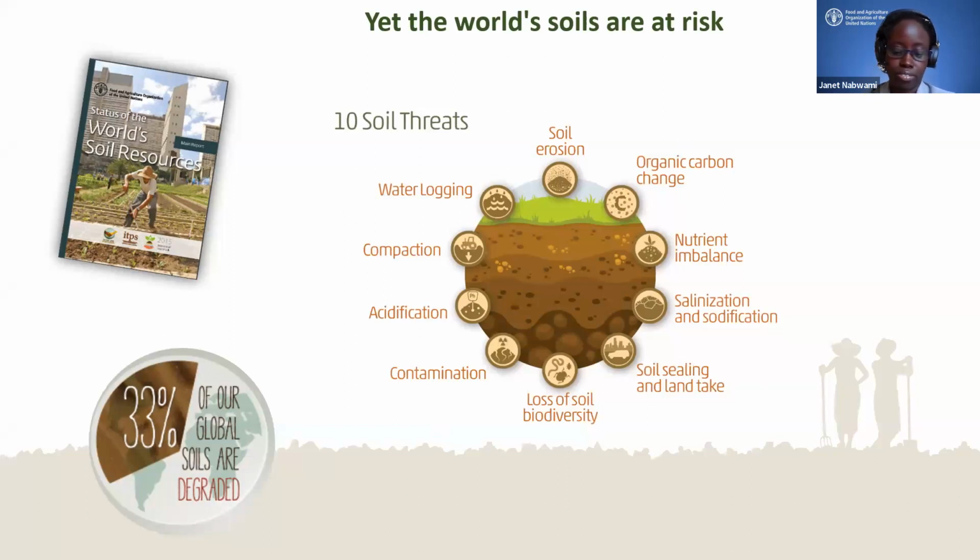For example, soil erosion, we have about 37 billion tons of topsoil lost each and every year. Salinization, about 8% of our soils are affected or impacted by salinization, and we have about 20% already at risk of that. So our soils really need to be taken care of.